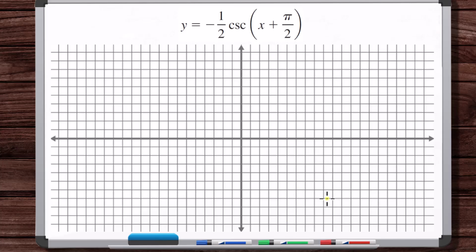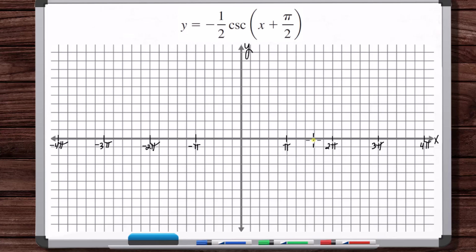Now the period hasn't changed here, so we can still do 1, 2, 3, 4, 5. This will be pi, 2 pi, okay?